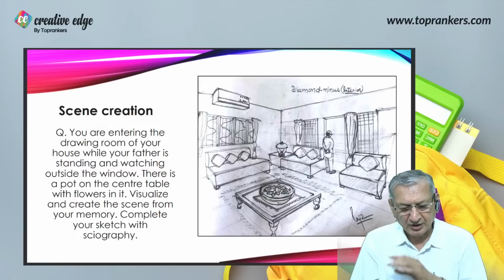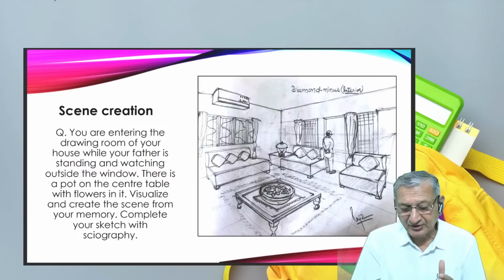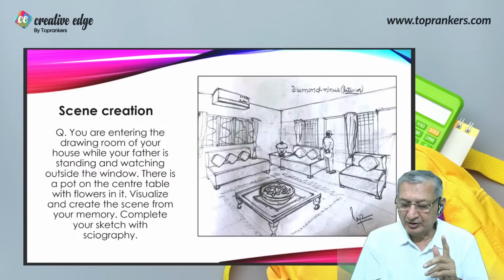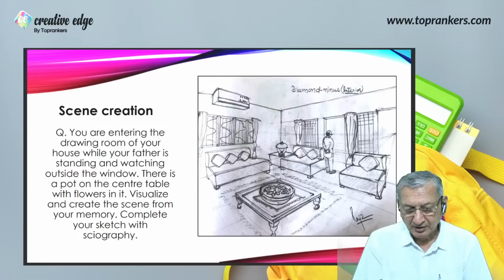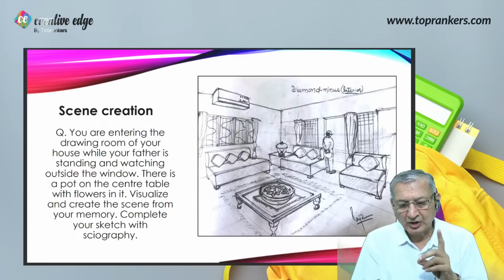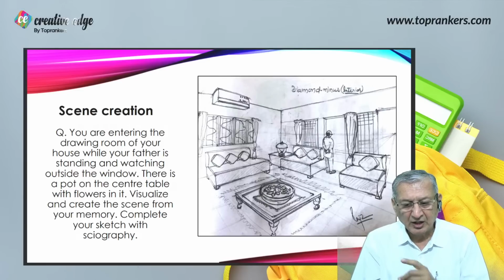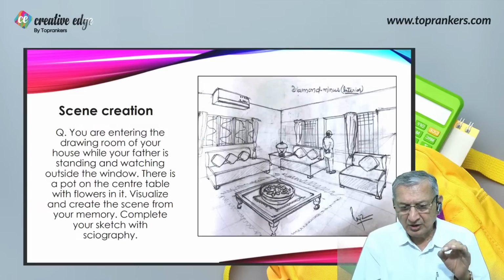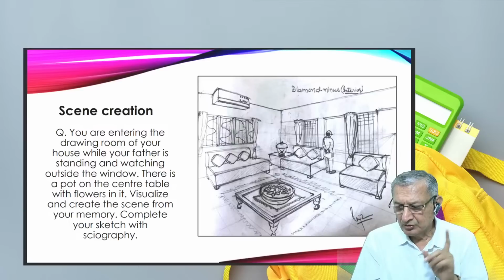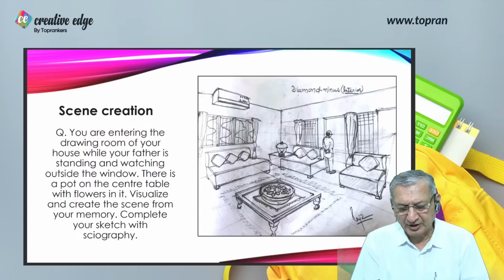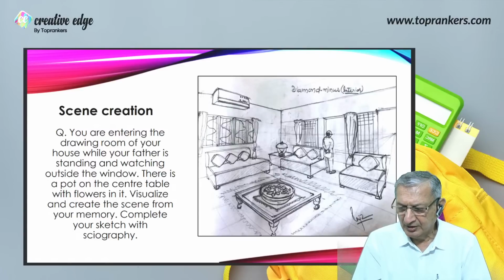In architecture, whether you are in an entrance test or even when you are a practicing architect, do not forget to induce a scale. And the very natural scale is a human figure in your drawing. So don't forget to put a human figure in your drawing whenever there is a scene creation.